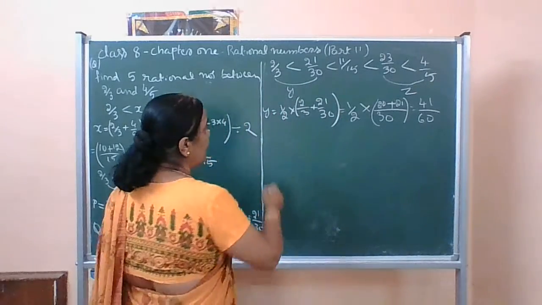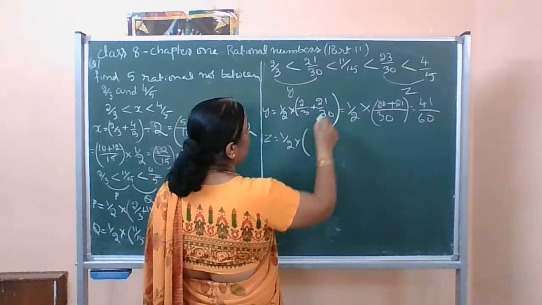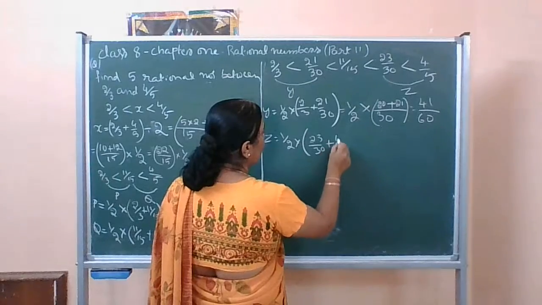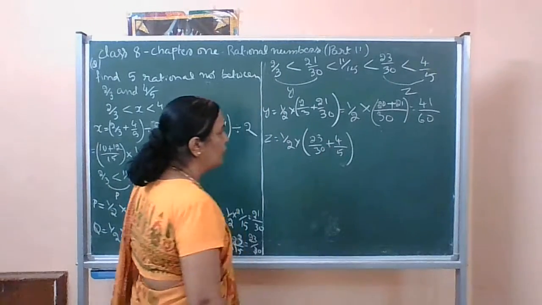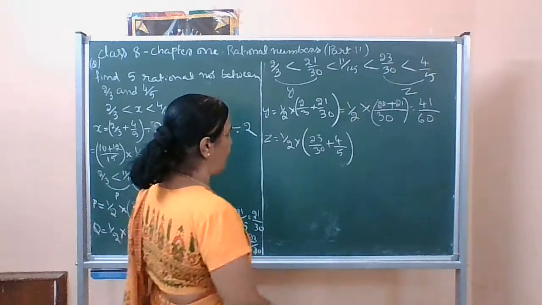And the Z is equal to half into here 23 by 30 plus 4 by 5. See, 23 by 30 plus 4 by 5.